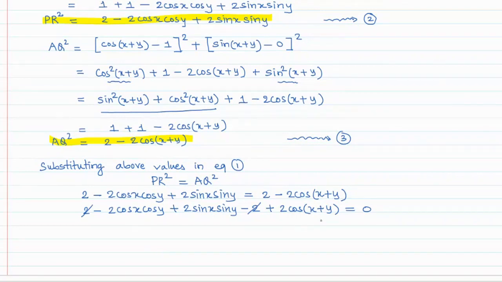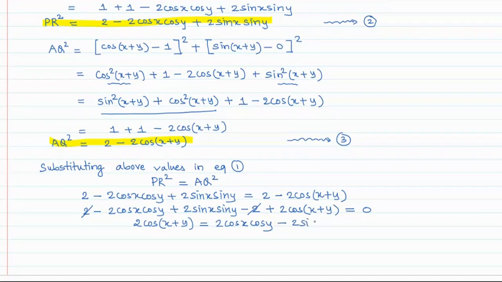Now I will keep this cos(x plus y) term on the LHS and these other two terms I will take to the RHS. So I will have 2 cos(x plus y) on the LHS. So minus 2 cos x cos y becomes plus 2 cos x cos y, and plus 2 sin x sin y becomes minus 2 sin x sin y.